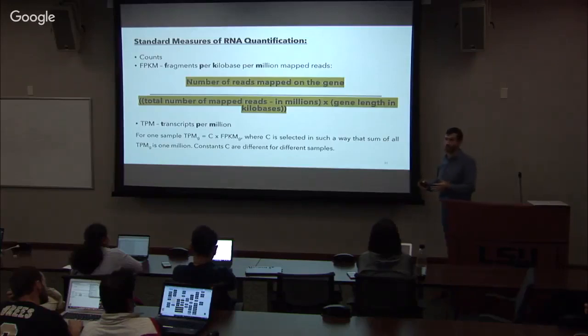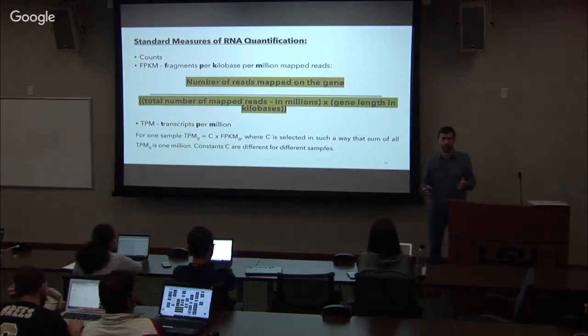So that's why we want to adjust and normalize using the total number of reads as our baseline measure. So we align them, and then we measure everything relative to the total of mapped reads.